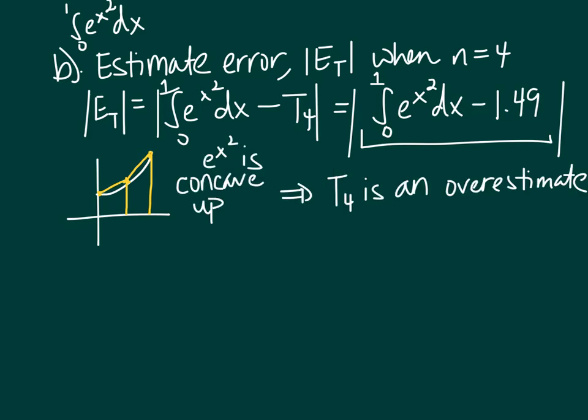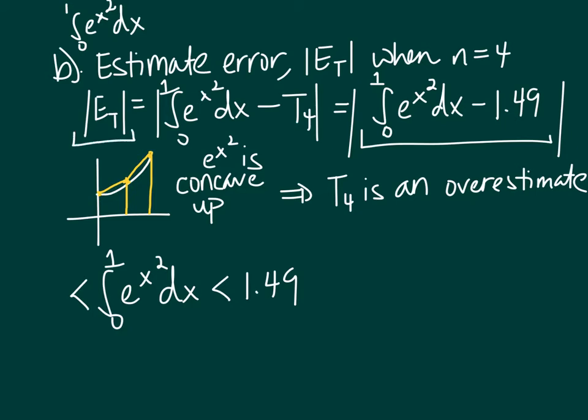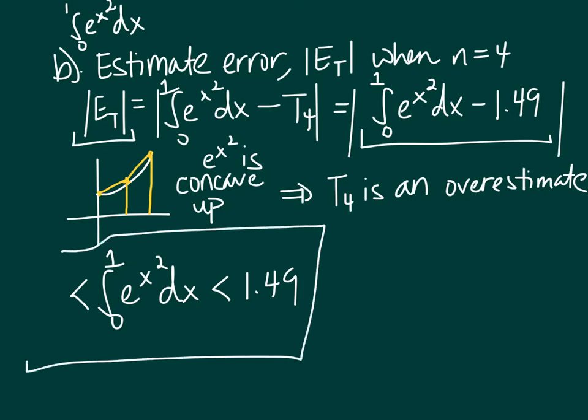So we actually know right away that we can write, but what we'd like to do is use my error to help me figure out a lower bound, because once I get an estimate on my error, that'll help me see how far off we are from 1.49. So let's do this now to help us get a lower bound for this. We're going to come back to this in a minute.